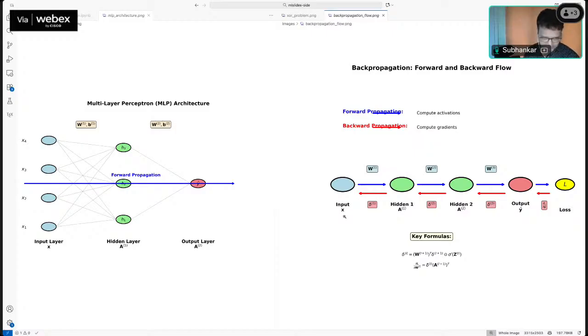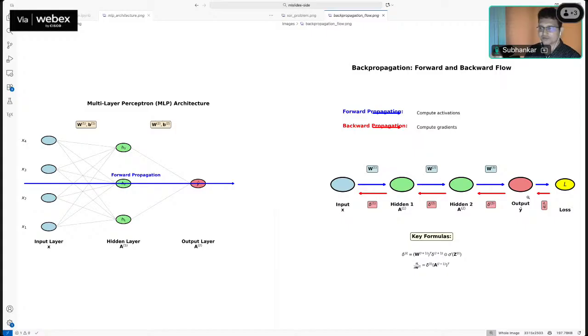So I follow the chain rule, which we have discussed earlier. Instead of finding it with x directly, I find the derivative of loss with respect to the output y first.